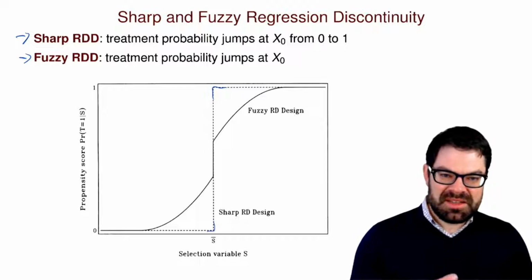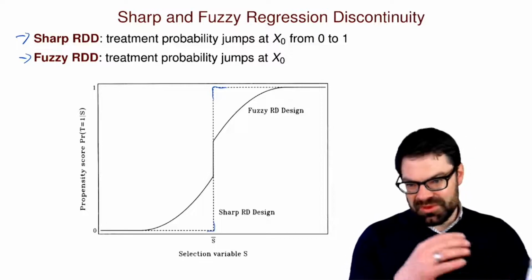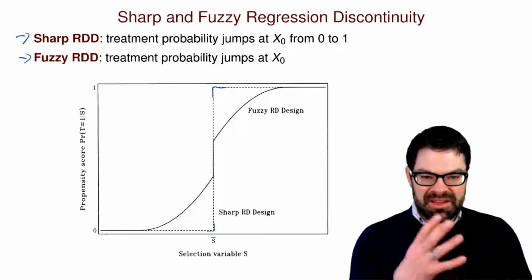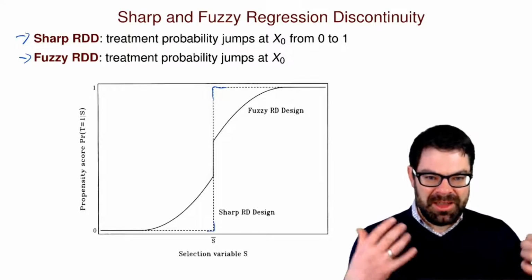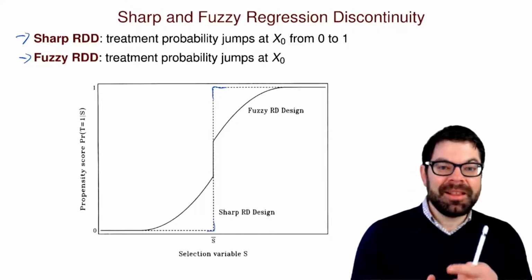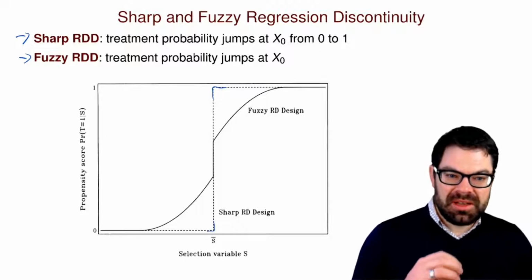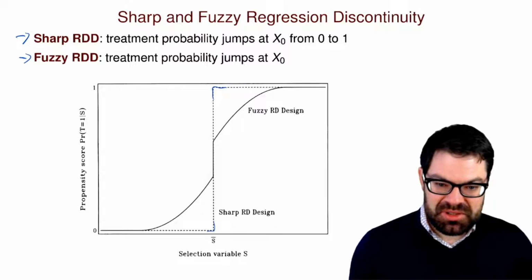They're just less likely to get this special treatment where doctors do lots of additional tests and the mothers get some support and so on to make sure that the baby really has a good start into life. Babies above the threshold may get that treatment as well. They're just less likely to. And so the likelihood of getting treated jumps at the discontinuity.